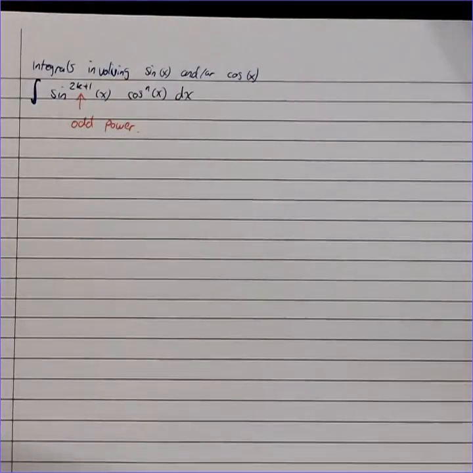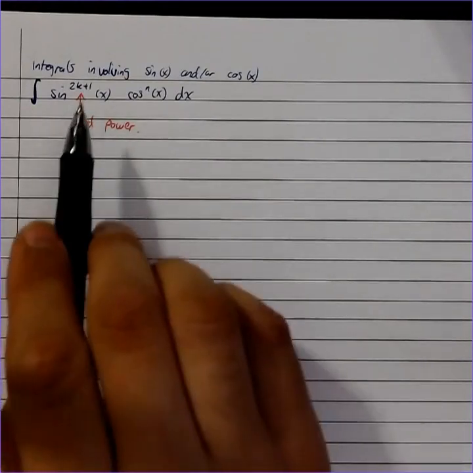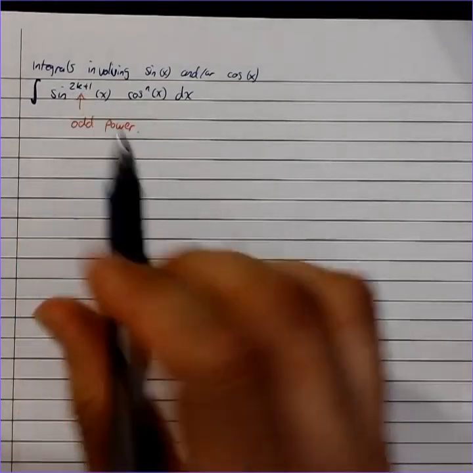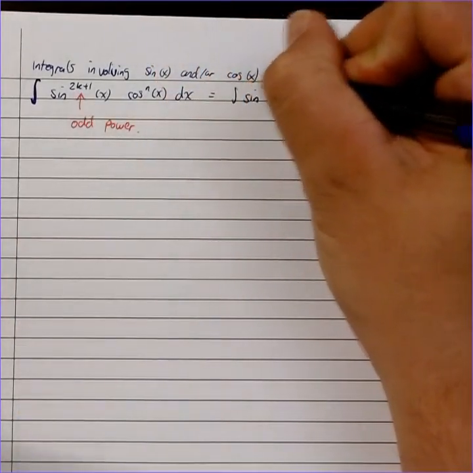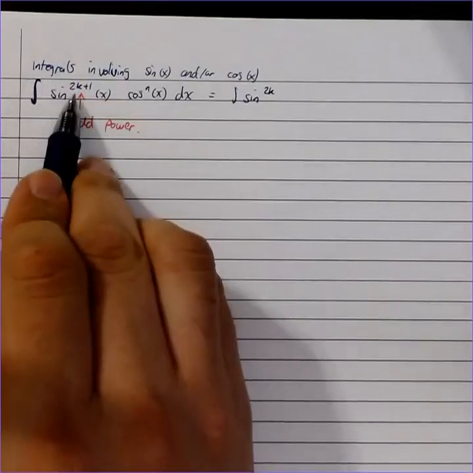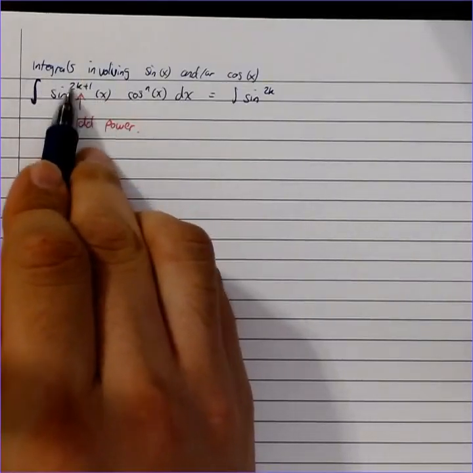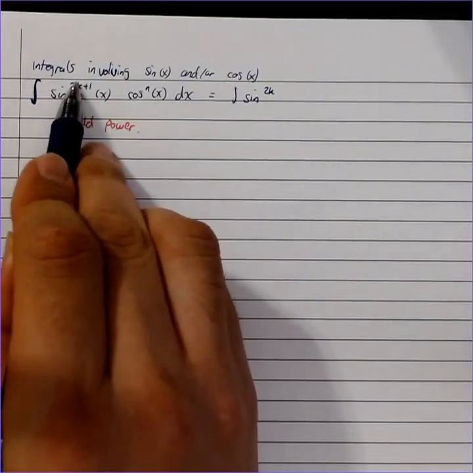Okay? If that's the case, what you're going to do is strip off a single power of the sine of x. Or in other words, you're going to write this as the integral of the sine of 2k. If this was a power 19, you would say, okay, that's power 18.